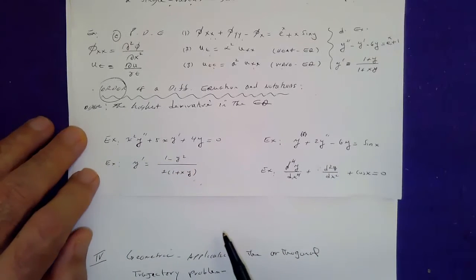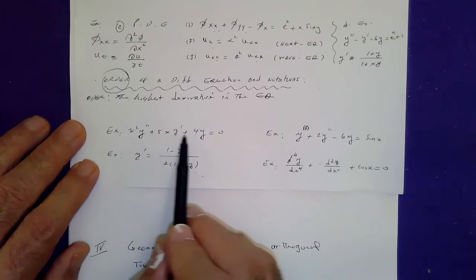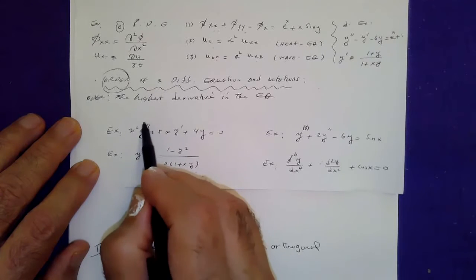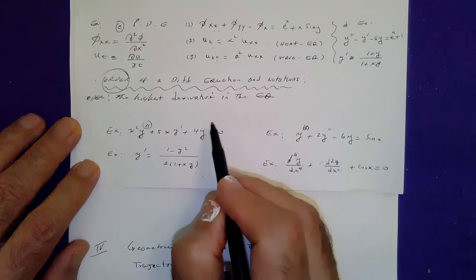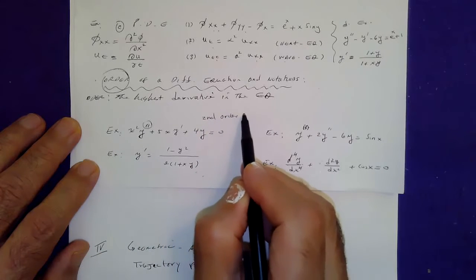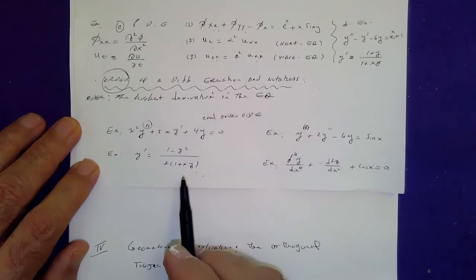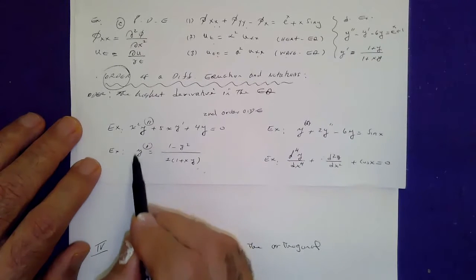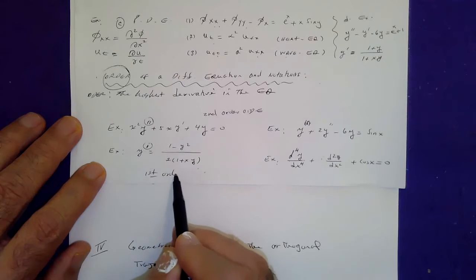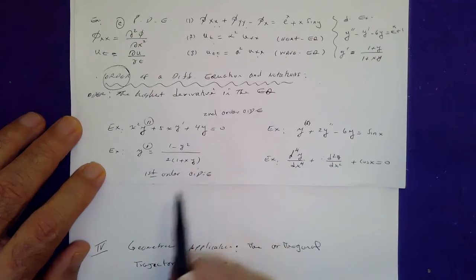What does that mean? The highest derivative in this equation is 2. Do you see it? It's y double prime. So therefore, this is called a second order ODE. This one has y prime in it only, so this is called a first order ODE.